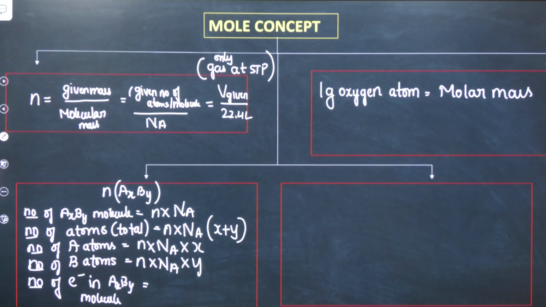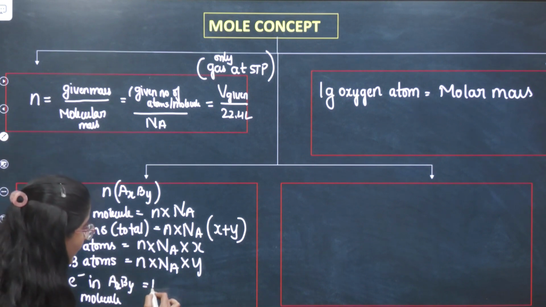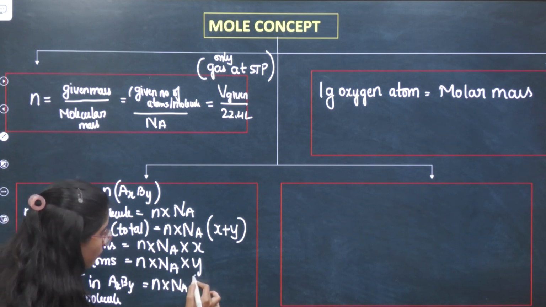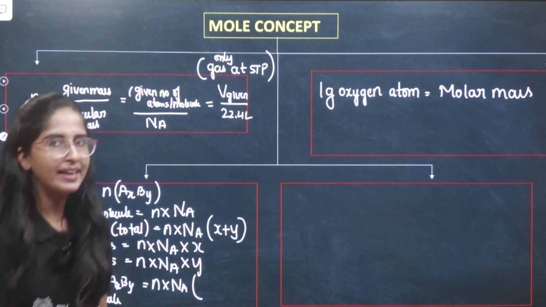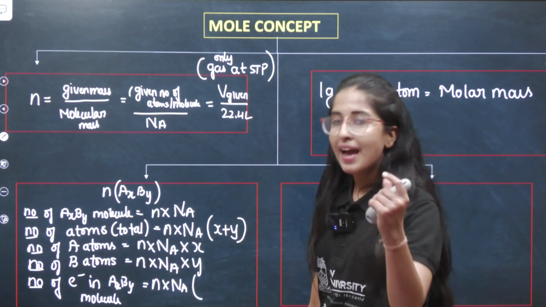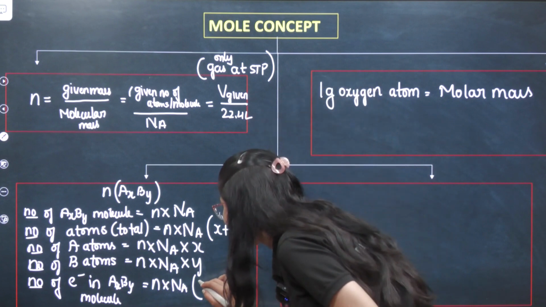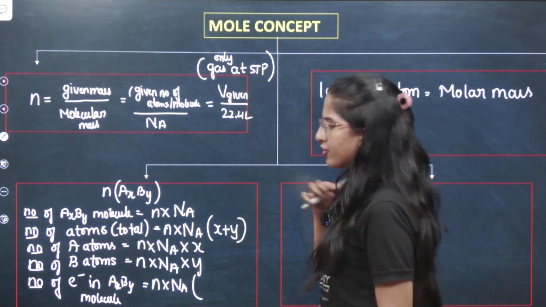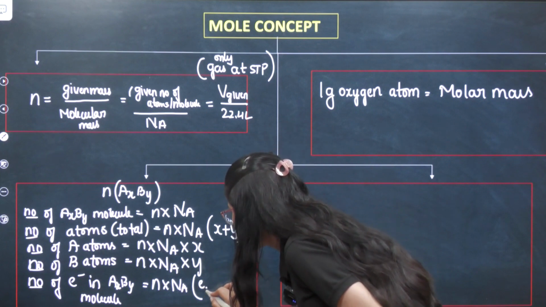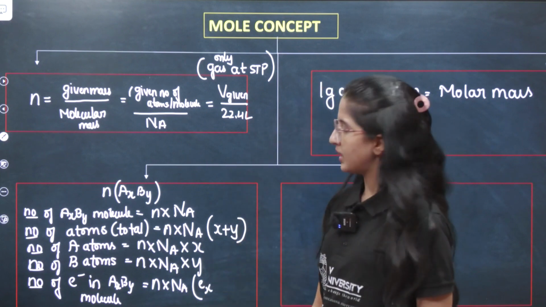If they ask the number of electrons in the AXBY molecule, the total number of electrons, then what will you do? You will take N moles of the molecule, and per atom calculate the electrons. Let's say the electron number of A is EX.